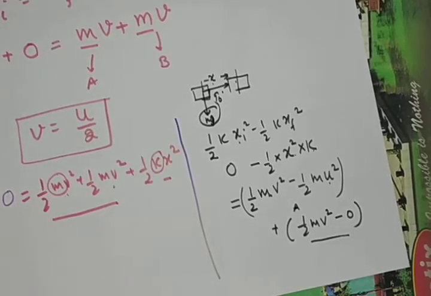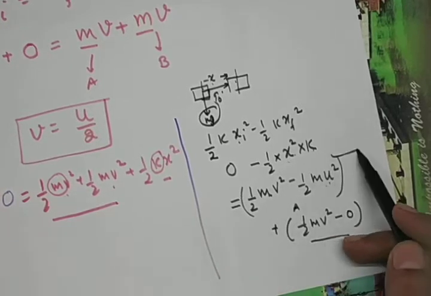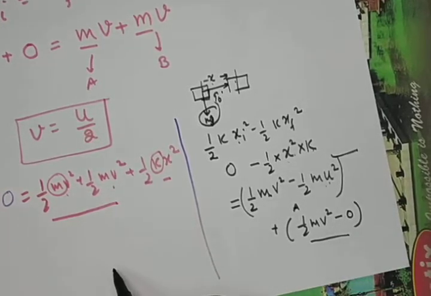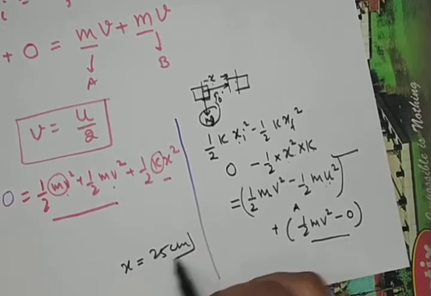From here the same equation will come out. So from here you can calculate the value of x and x will be 25 सेंटीमीटर.